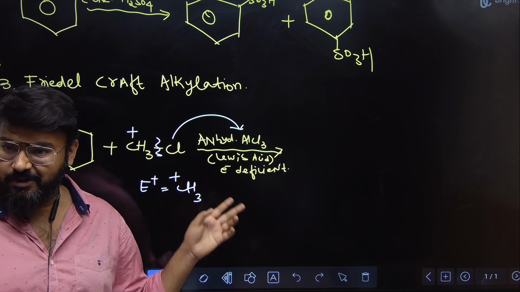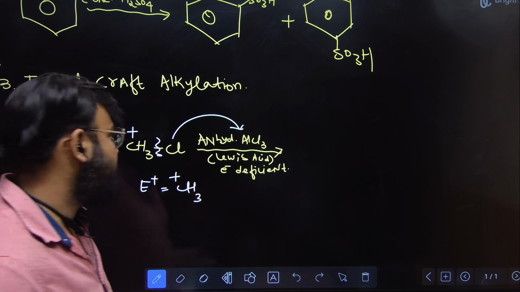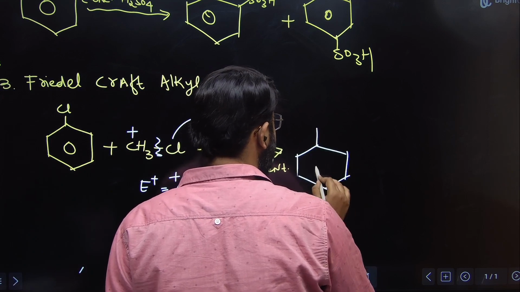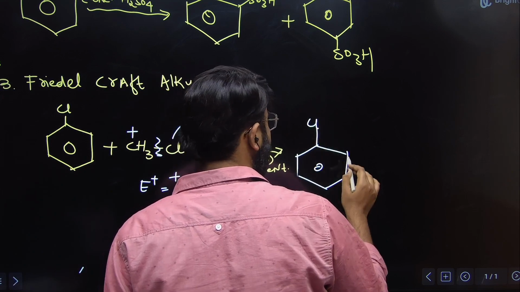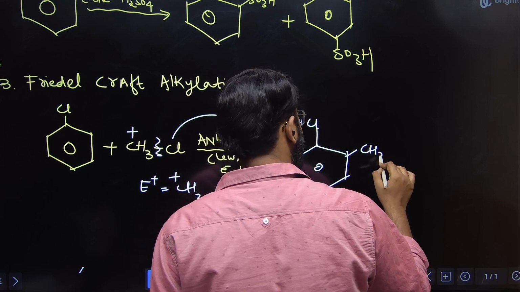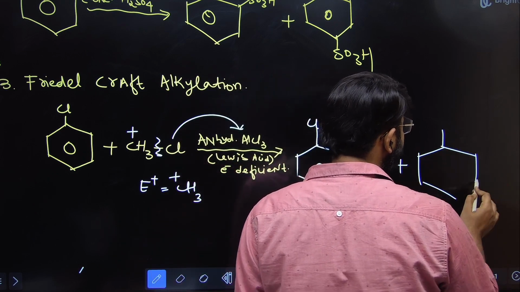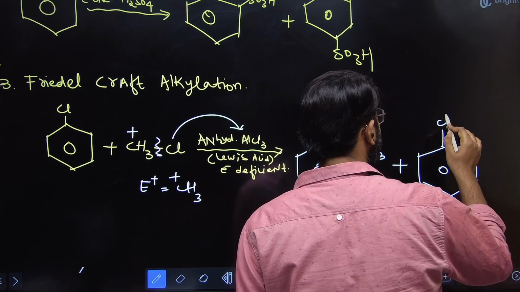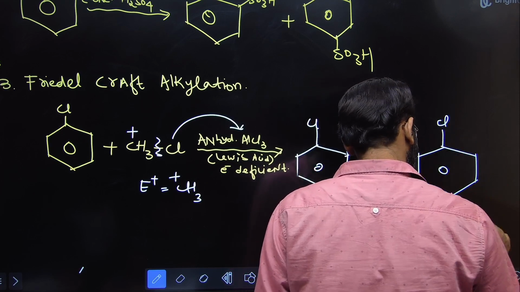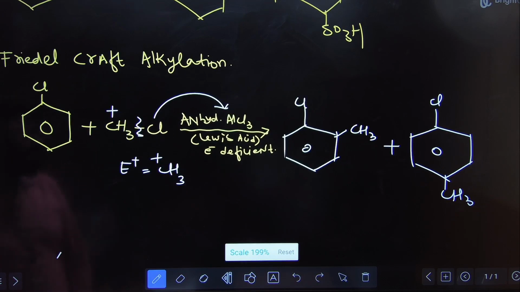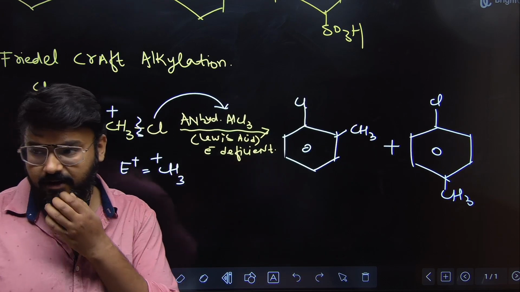One will go at ortho and one will go at para. Perfect. So this will be your answer. It is so simple. So remember, when benzene ring contains CH3, it's called toluene. What do we call it? A ring with CH3 is toluene. So this is our answer.